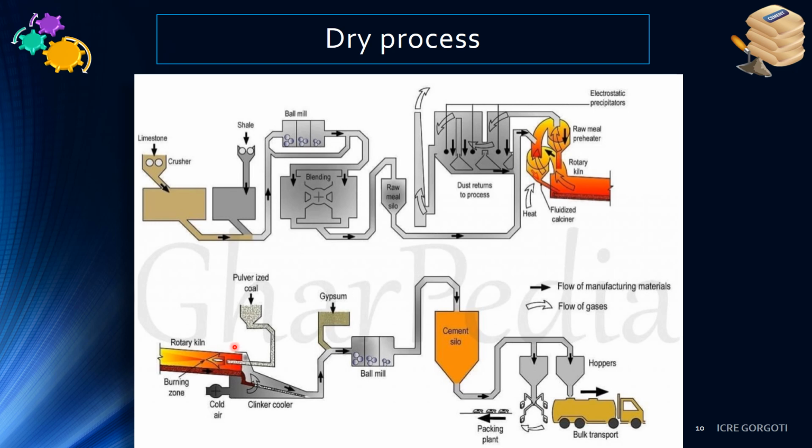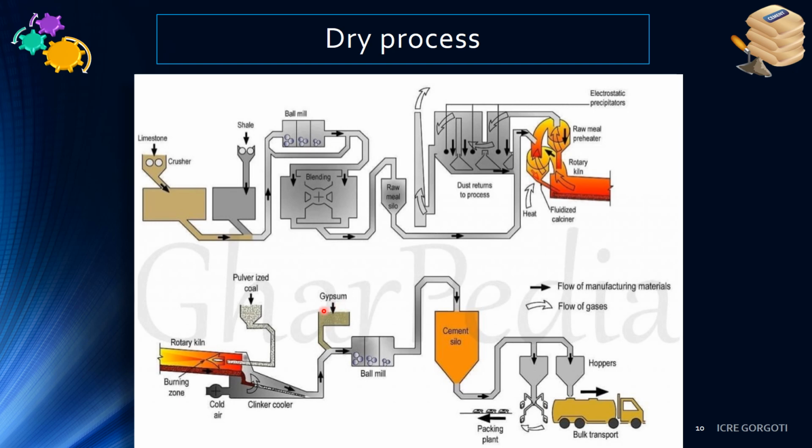In the kiln, at a temperature of about 1300 degrees Celsius to 1500 degrees Celsius, the material sinters and fuses to form nodular shaped clinker. Then the clinker drops into a rotary cooler where it is cooled under controlled conditions. The cooled clinker is then ground in a ball mill with the addition of about 2 to 3% of gypsum to prevent flash setting of cement.